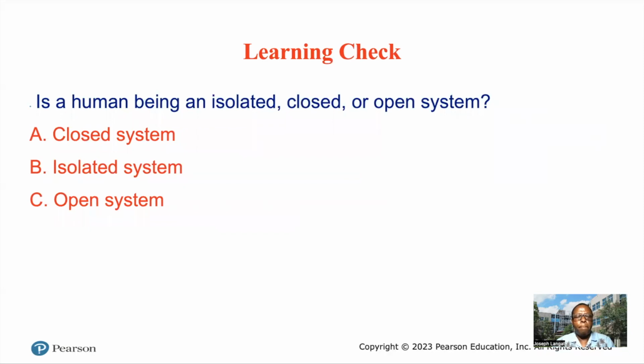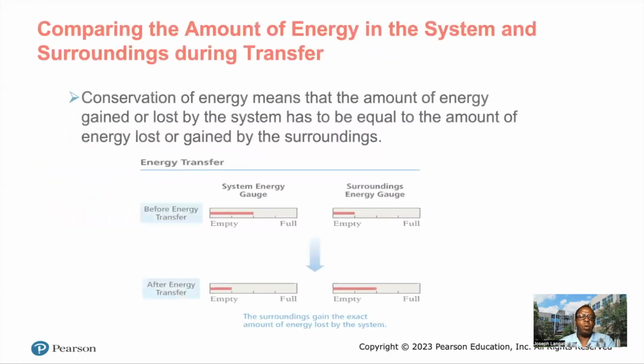Is a human being an isolated, closed, or open system? I gave you this as an example. In essence, a human being is an example of an open system. We can lose both mass as well as heat. So it's going to be open. It cannot be isolated, it cannot be closed system, but it's C, open system.